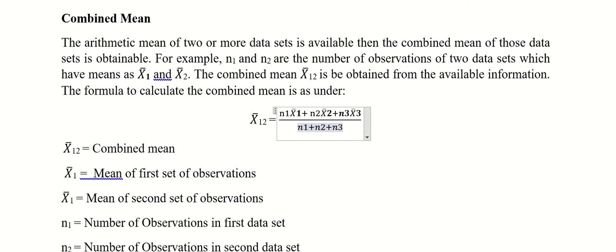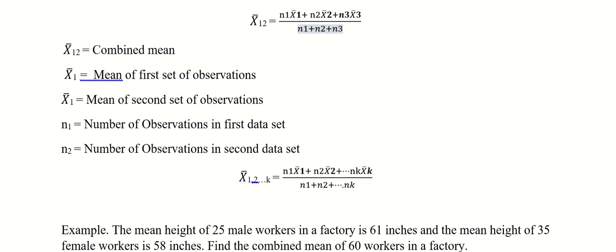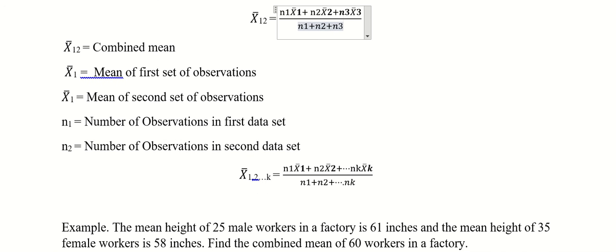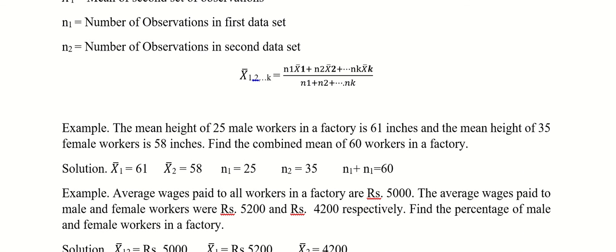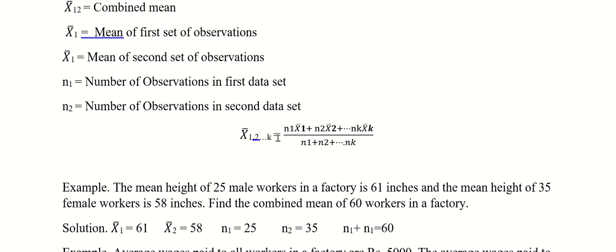So this is the formula for combined mean. I have mentioned the formula here; these data sets can increase up to k, so that's why I have written nk, xk. It depends upon how many data sets you have.